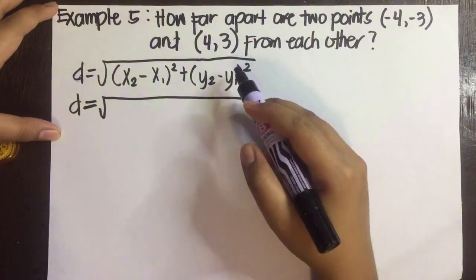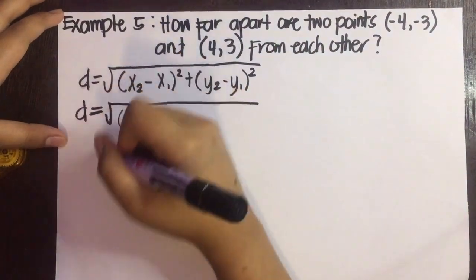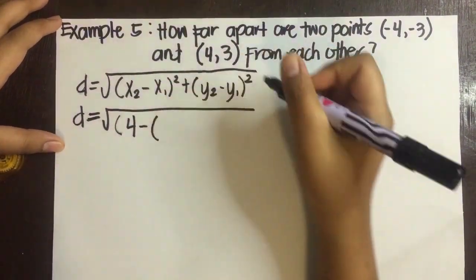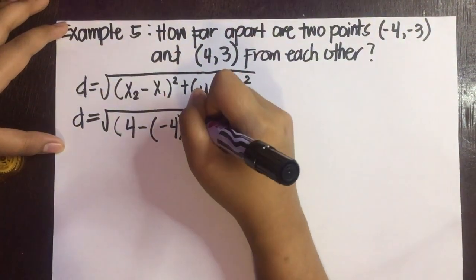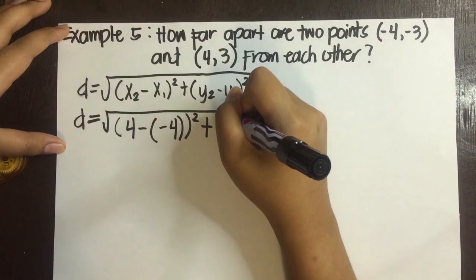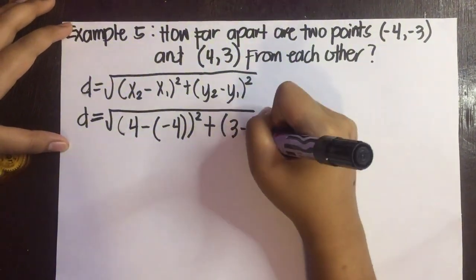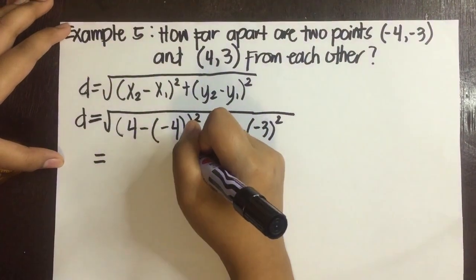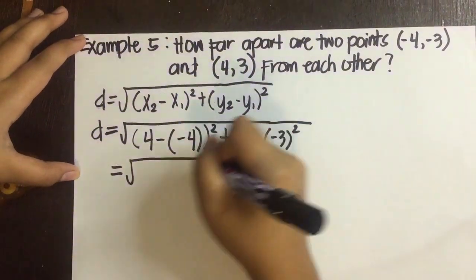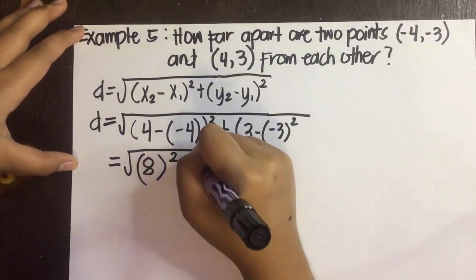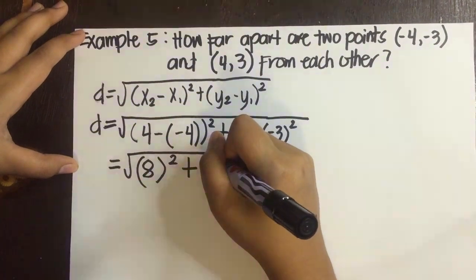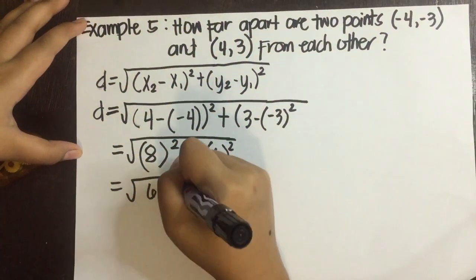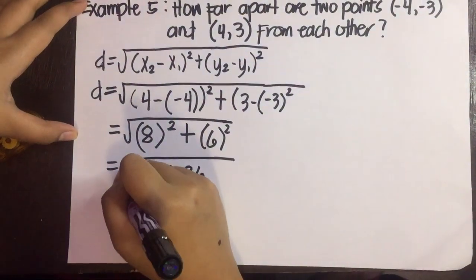So using our distance formula, our d is equal to the square root of 4 minus negative 4 squared plus 3 minus negative 3 squared. 4 minus negative 4 is 8, so the square root of 8 squared plus 3 minus negative 3 is 6 squared. 8 times 8 is 64 plus 6 squared is 36.